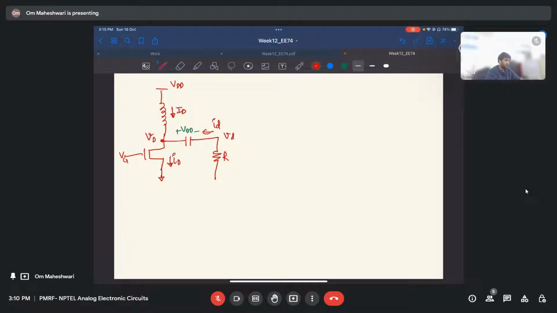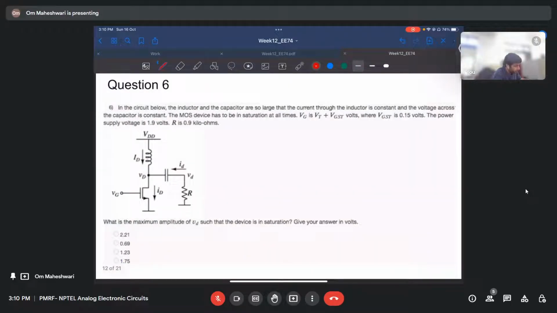It is given in the question that VG is VT plus VGST. This VGST is nothing but the extra overdrive voltage that we give to keep the transistor in saturation, and to keep this in saturation, the minimum voltage across this should be this VGST, right?